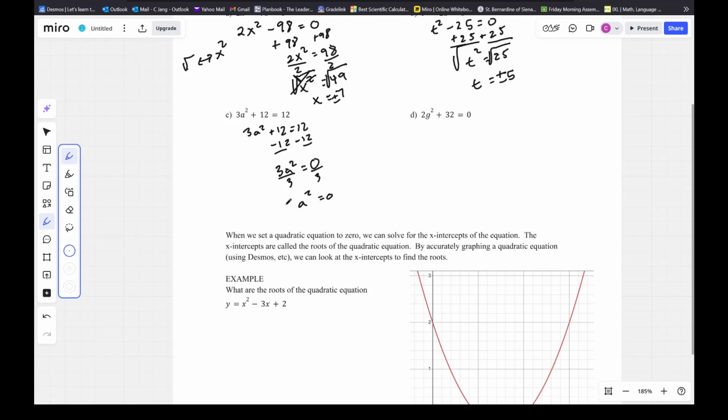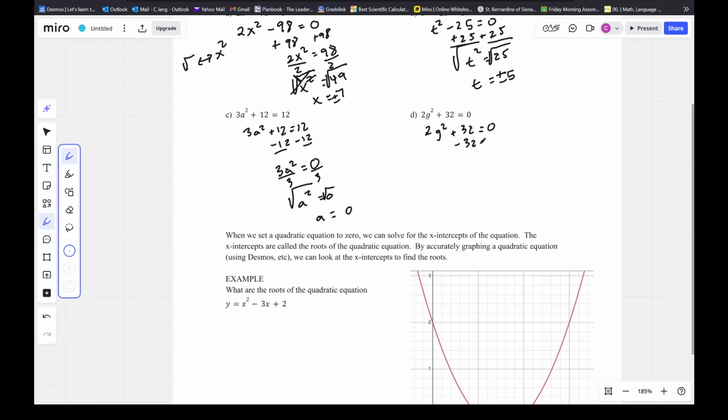Well, we still take the square root of both sides, and we get a is equal to the square root of 0, which is 0. In this case, we don't need a plus minus because there is no positive or negative 0. It's just 0.